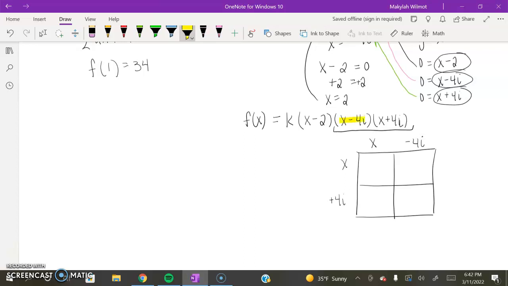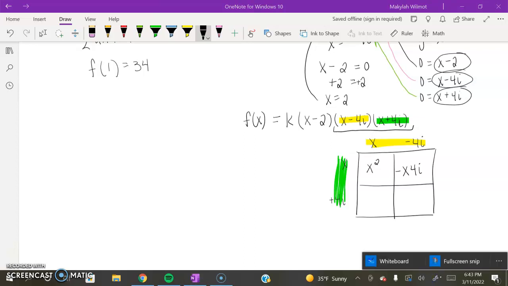So this represents this, and this represents that. So we have x times x is x squared. x times negative 4i is negative x 4i. x times positive 4i is positive x 4i.